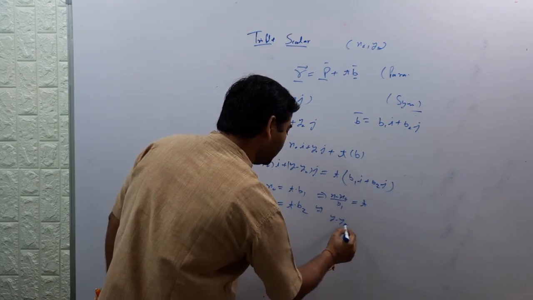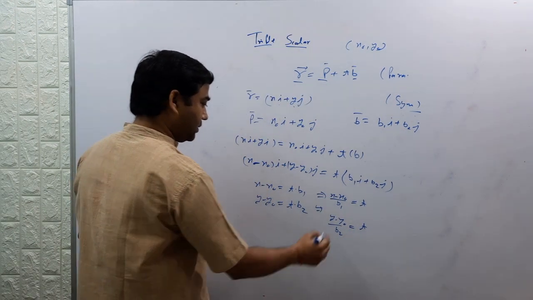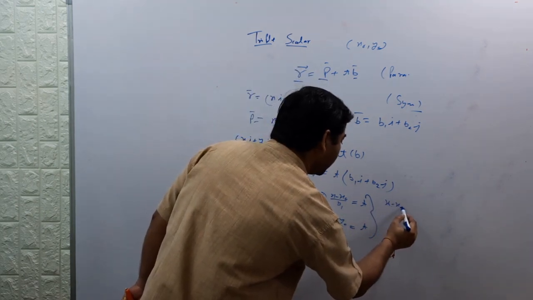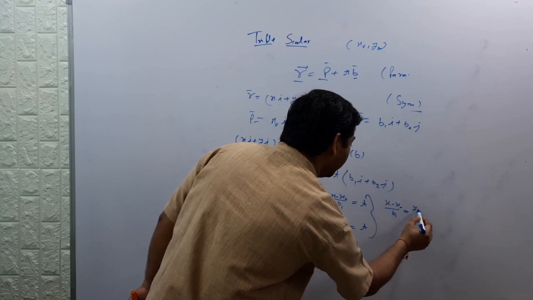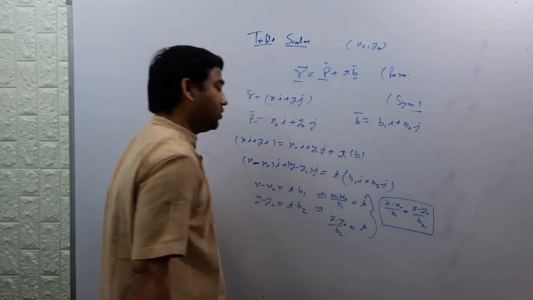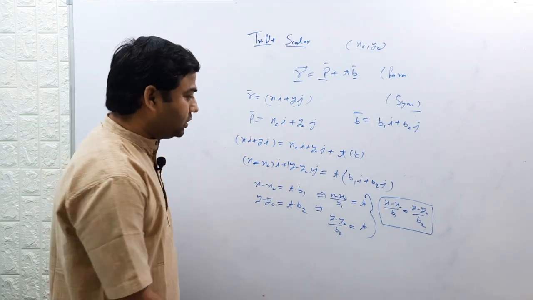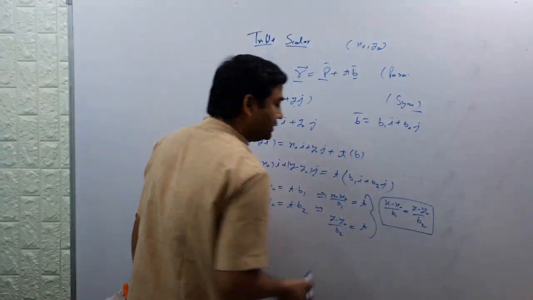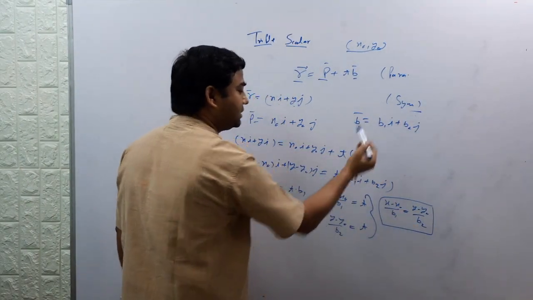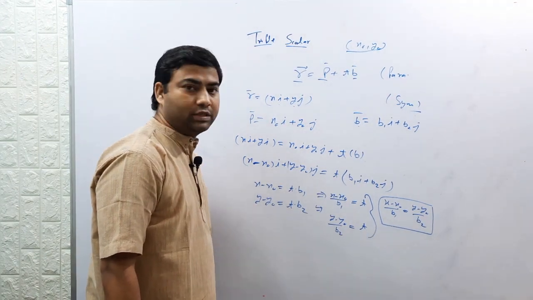Similarly, (y minus y0) by v2 is equal to t. This can be written as (x minus x0) by v1 is equal to (y minus y0) by v2. This is the symmetric equation of the line. Here the point x0, y0 and the vector v1, v2 are given, so the symmetric form of the equation can be derived.